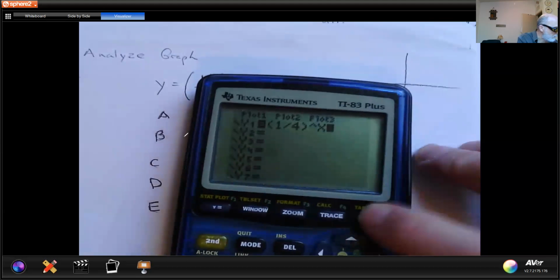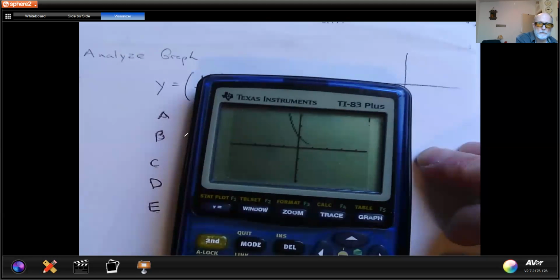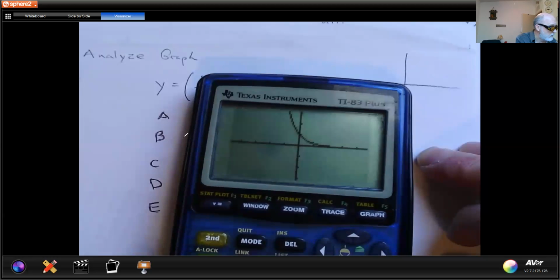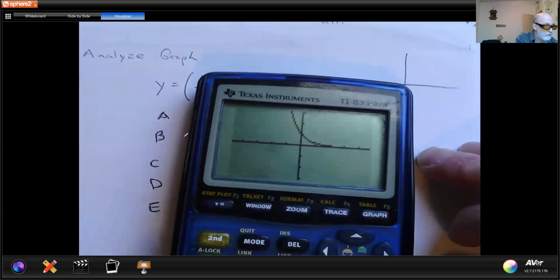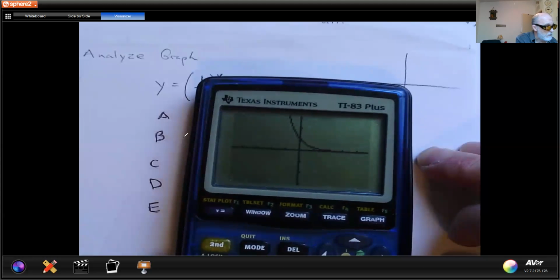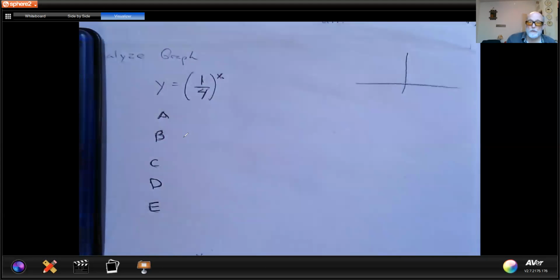Look what it looks like. It goes downhill. Pew! Has the same asymptote though. So it's going from left to right, going downhill the whole time. So where's the asymptote? Same exact place. The asymptote doesn't change.